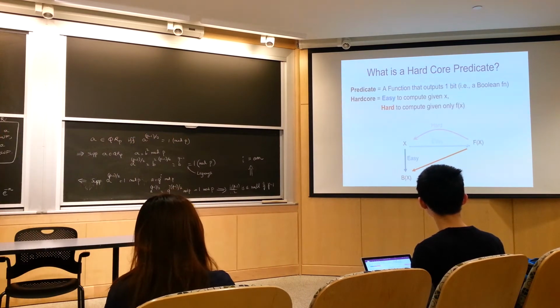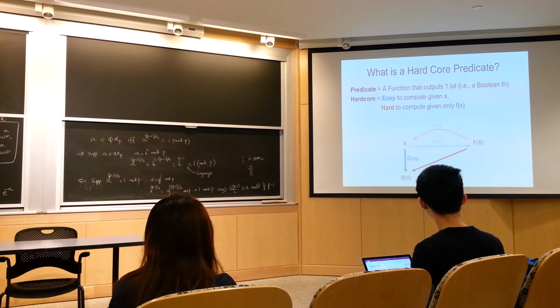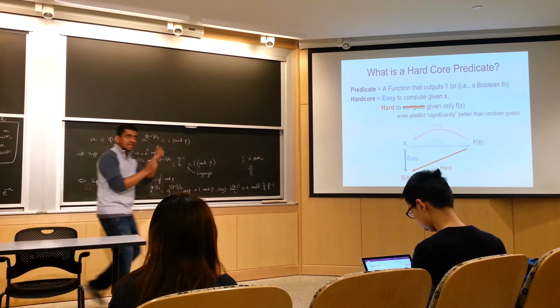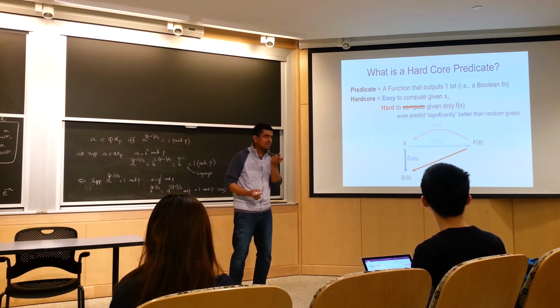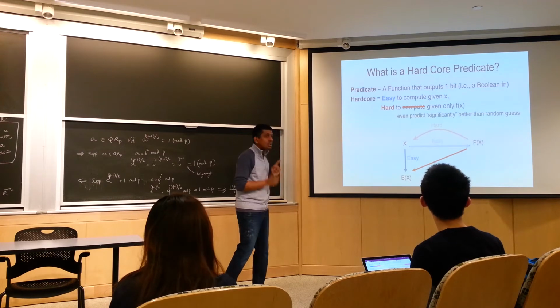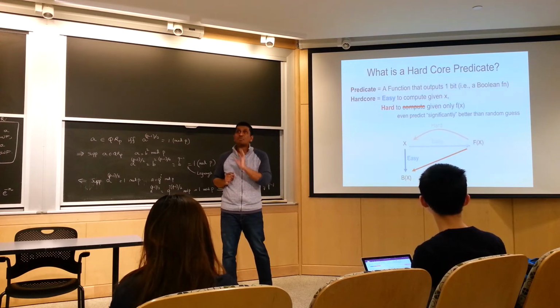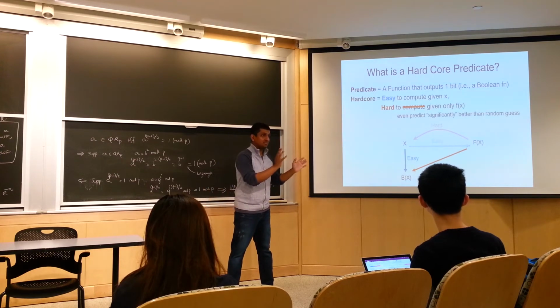And not only that, that's not good enough for me. What I want is that it's hard to even predict significantly better than a random guess. It's a single bit, so I can always predict it with probability half. But I want to say no algorithm can get it right with probability half plus 1 over polynomial in n, for any polynomial.